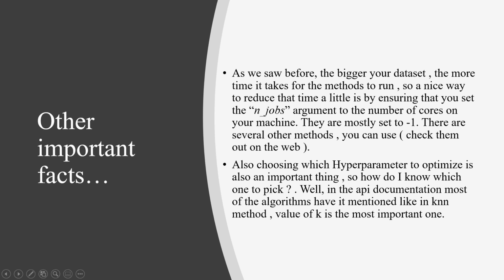Okay. Some other important facts: as we said before, the bigger your data set, the more time it takes to run, so it would be nice to reduce a little bit of time, even in random search. Let me show you here.